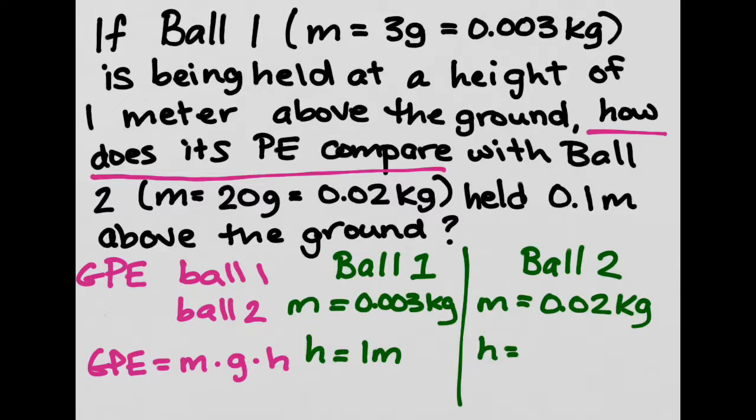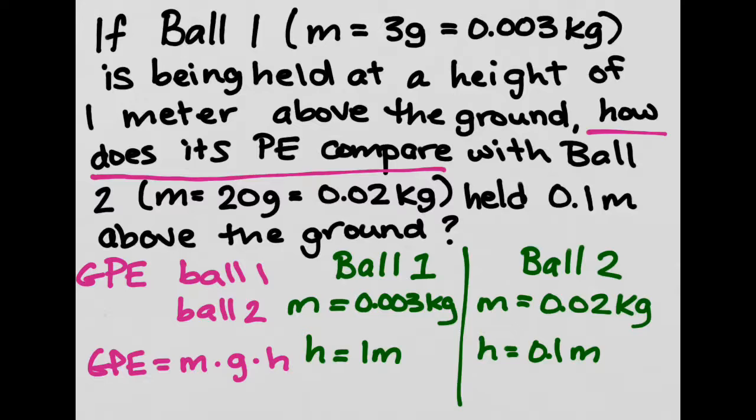In some questions in the future, you might be asked to convert this kind of information, but that's not an issue right now. It's already told us that 20 grams and 0.02 kilograms are the same thing. The next thing we know is that this ball is held 0.1 meter above the ground.